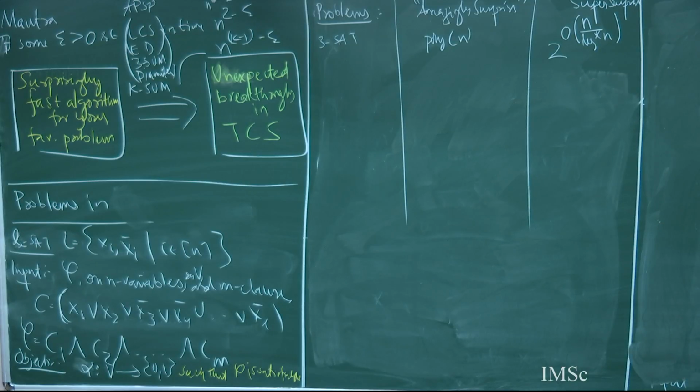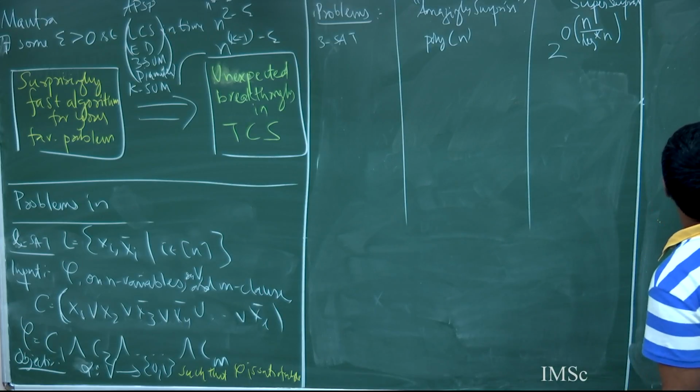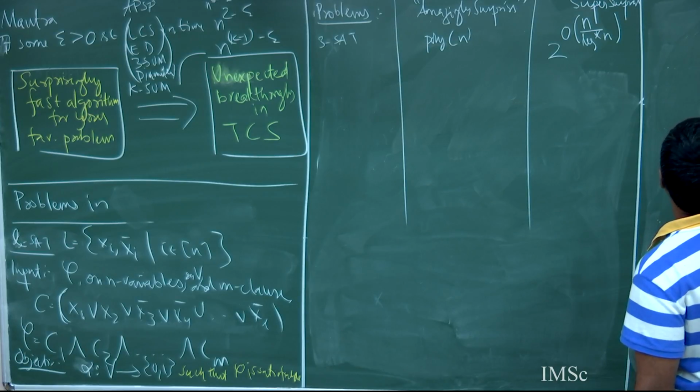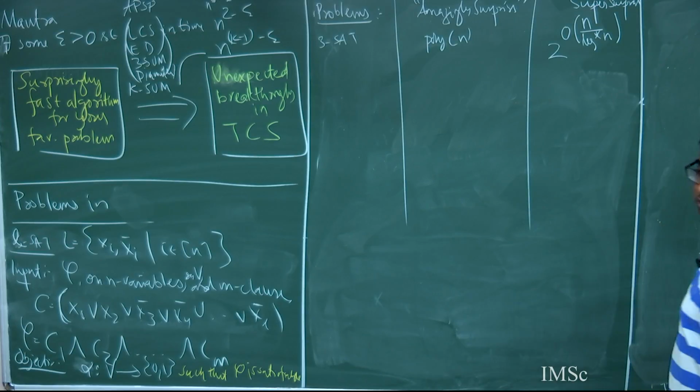All we know with our knowledge at this point of time is that 3-SAT can be solved in something like 1.3-something to the power n. Of course there is a simple algorithm for this problem, which is you look at all possible assignments. How many assignments are there? 2 power n. You try each possible assignment. If any of them satisfies your formula, then you have it.